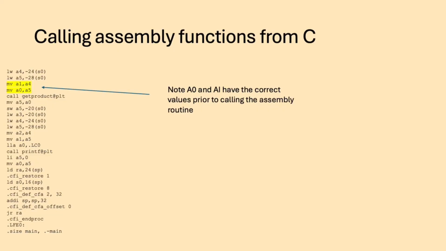So the C program presented here shows how to call the routine that's been written as RISC-V assembly. The C variables x and y are passed through the function using the A0 and A1 registers, with the result passed through the register A0.